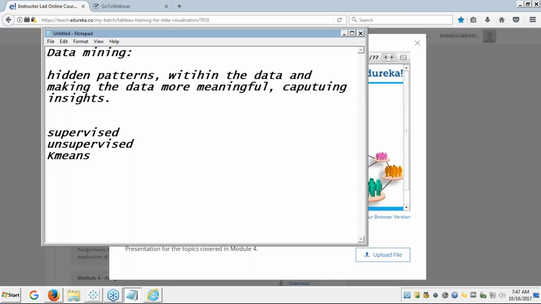So the K-means clustering model is an unsupervised data mining technique where the system itself takes care and finds individual patterns which are similar in nature.